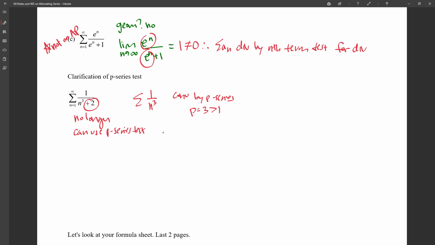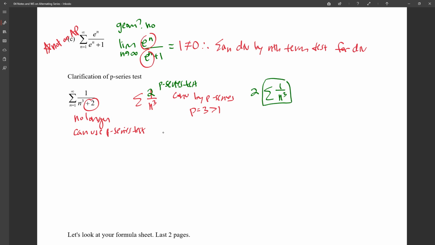But I wanted to clarify that if you add a 2, you can no longer use a p-series test. If you multiply by 2, okay, this still is a p-series test. Multiplying by 2 doesn't change the ability to use a p-series. The reason is because you could actually factor out a 2. The series here acts a lot like an integral sign, so you can factor out the 2 because the 2 is a scalar.